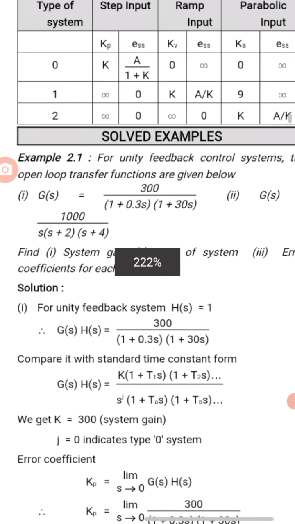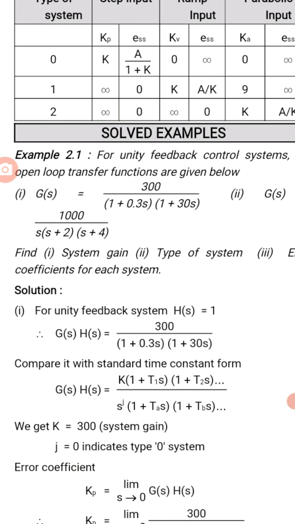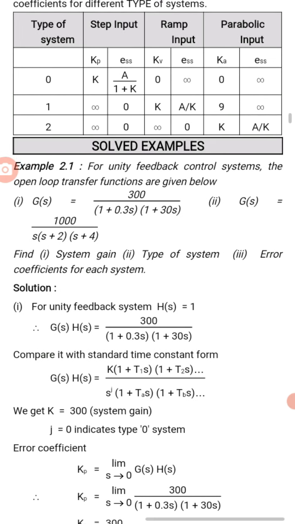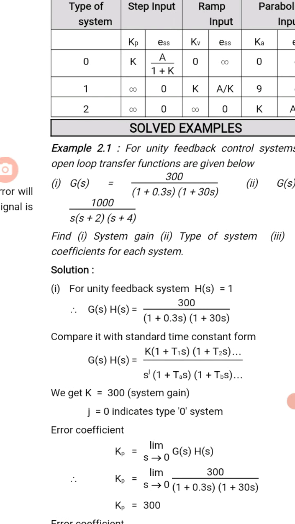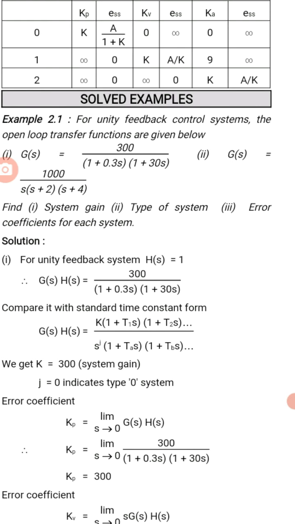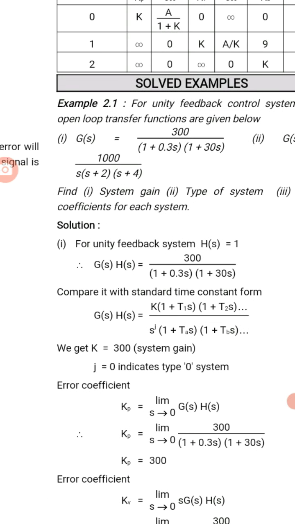As far as the example is concerned, let us see for unity feedback control systems, the open loop transfer functions are given below. G of S is equal to 300 upon bracket 1 plus 0.3 S into bracket 1 plus 30S, and second is G of S is equal to 1000 upon S into S plus 2 into S plus 4.